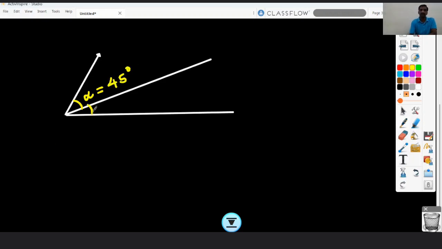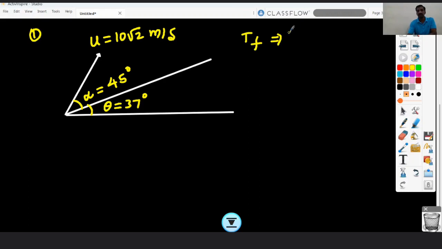The inclined surface angle theta we are going to consider as 37 degree. What is the velocity we are giving? u equal to, for example, 10 root 2 meter per second, you assume. For this case, what is the time of flight, what is the H maximum, and what is the range covered by the projectile? So we shall discuss now.